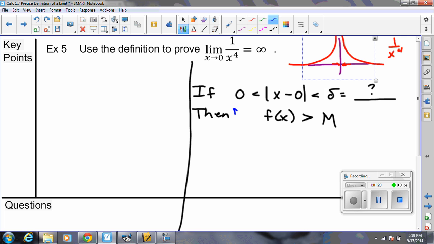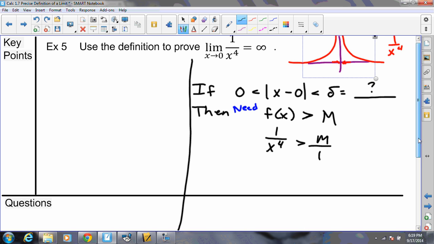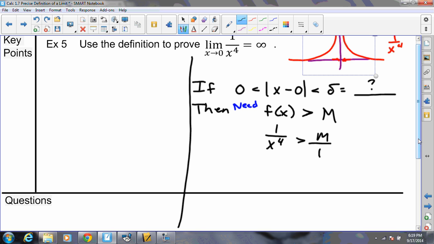So, since this is what we need, let's go and plug it in. 1 over x to the fourth is greater than M. Well, of course, M is a number, so we can put it over 1 to create a fraction. And one of the algebraic properties that we can take advantage of is we have a pair of fractions based on an inequality.